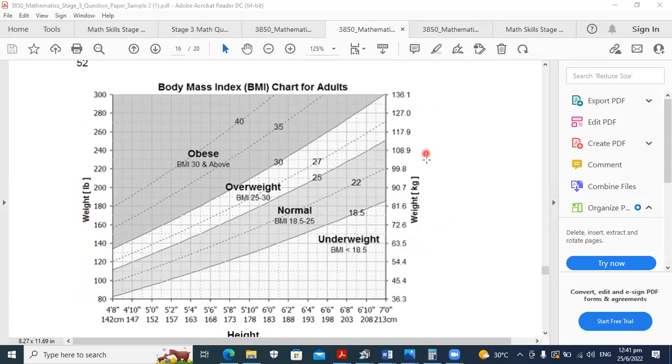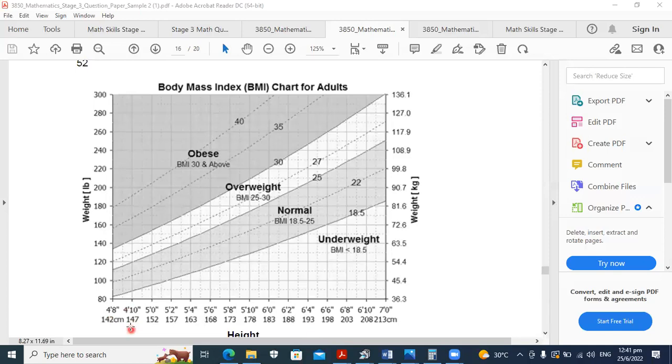To the right, it's also weight, but in what? Kilogram. And if you look at the bottom here, you'll have height, and that will be feet and inches. And below the feet and inches would be the centimeter equivalent. All right.